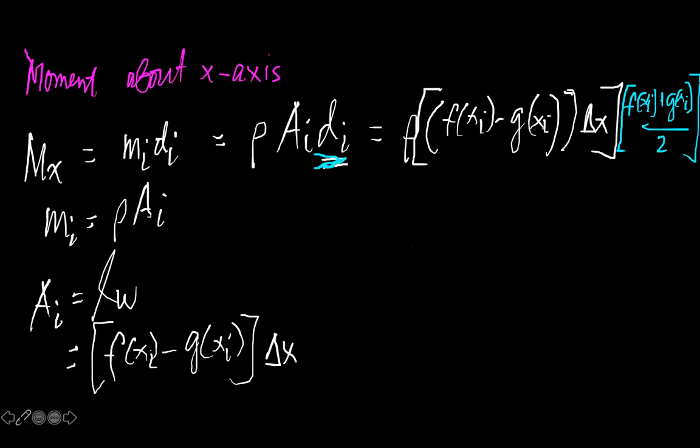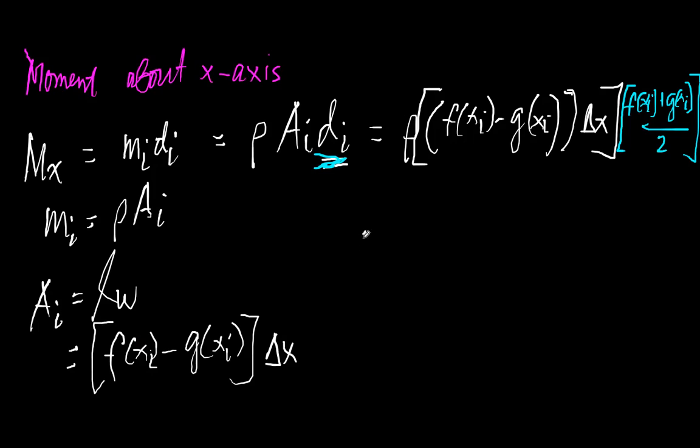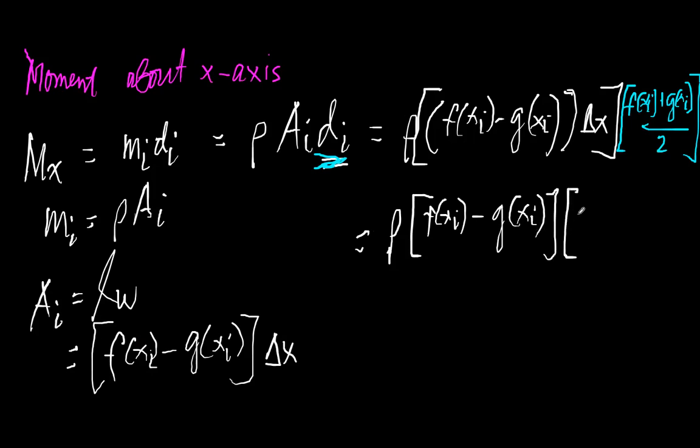So let me just change the color to white again. Okay, here we go. Now let's simplify this expression, guys. So we have rho, f of x sub i minus g of x sub i times f of x sub i plus g of x sub i all over 2 times the delta x, right?